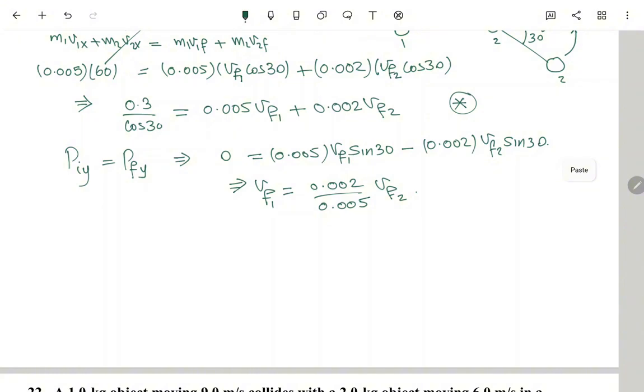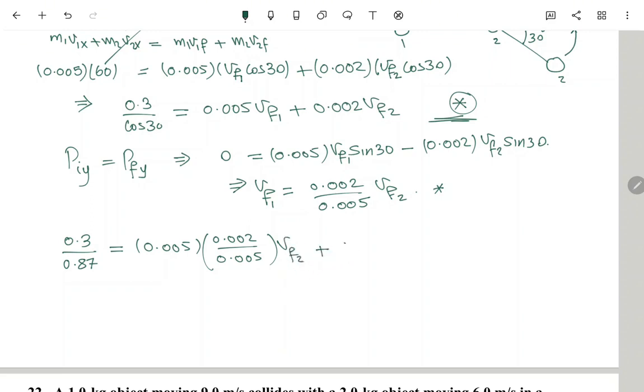Now if we substitute this back in the previous equation, you will get 0.3 divided by 0.87 equals 0.005 times 0.002 divided by 0.005 V2 final plus 0.002 V2 final.